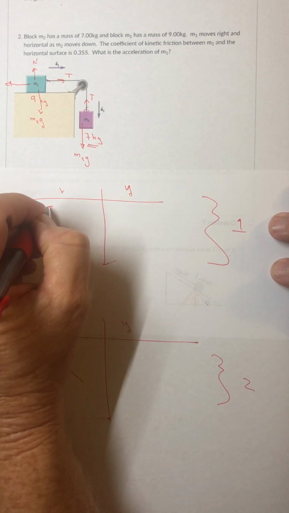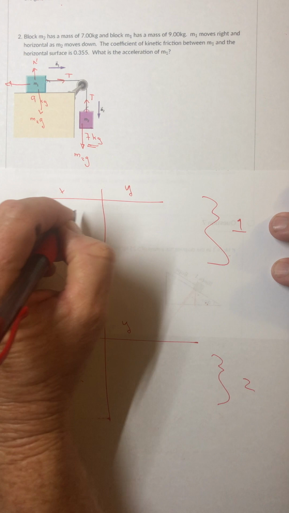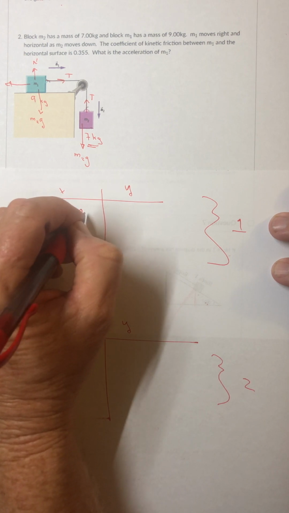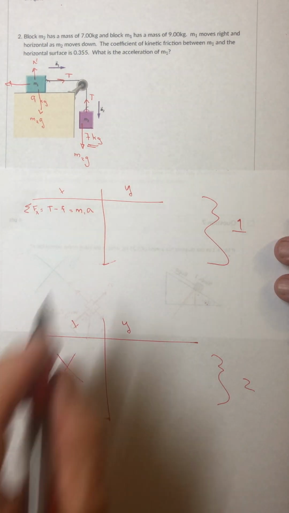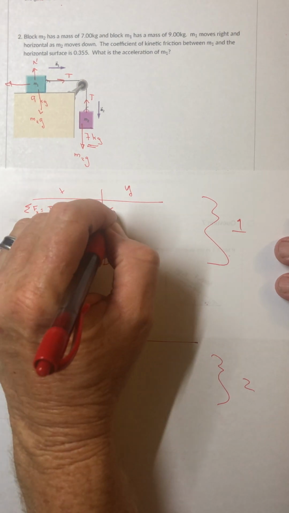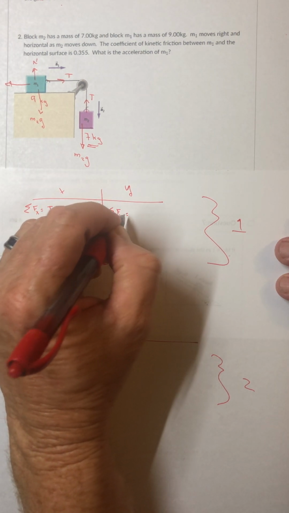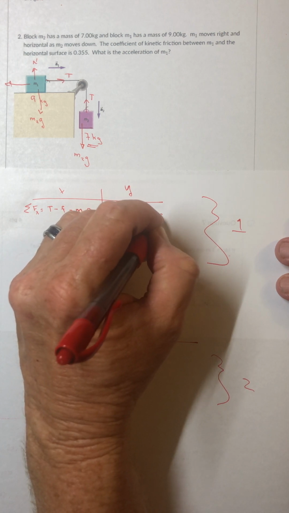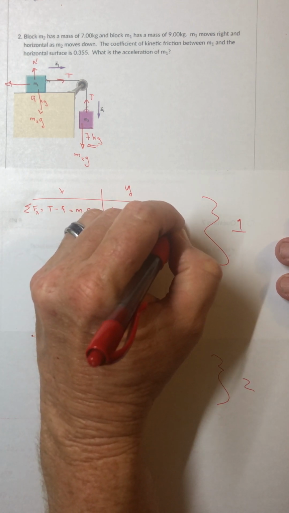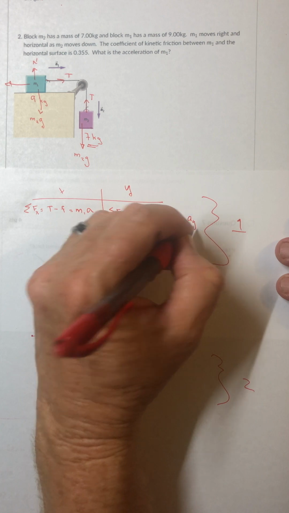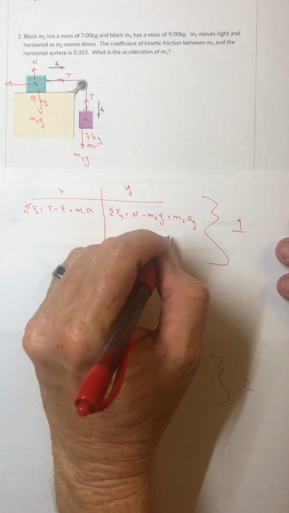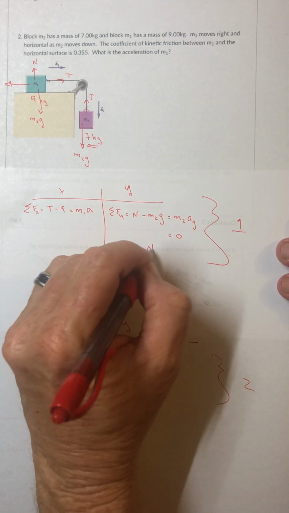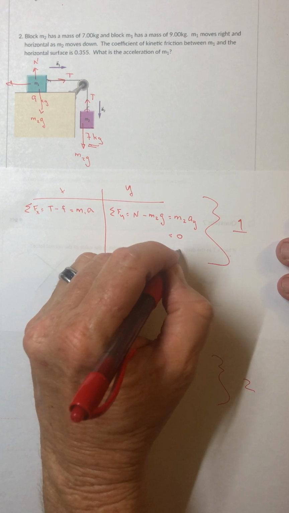So looking at block number 1, the sum of the forces in the X direction would be tension minus friction equals M1A. In the Y direction, if you add up all the forces in the Y direction, you have normal pushing up, you have M2G, and that has to equal M2 and acceleration in the Y direction, which we know to be 0. So that gives us a normal force of M2G.